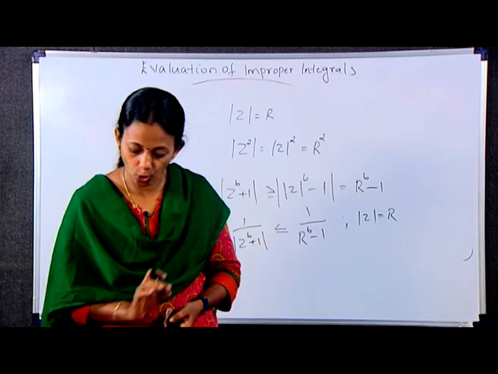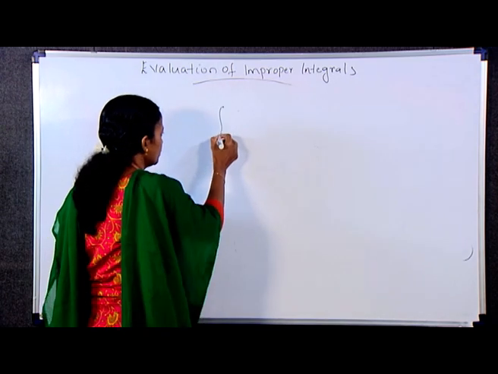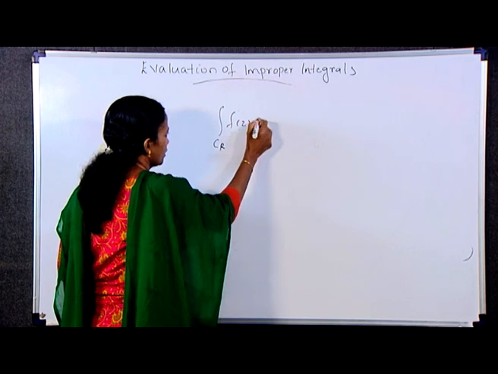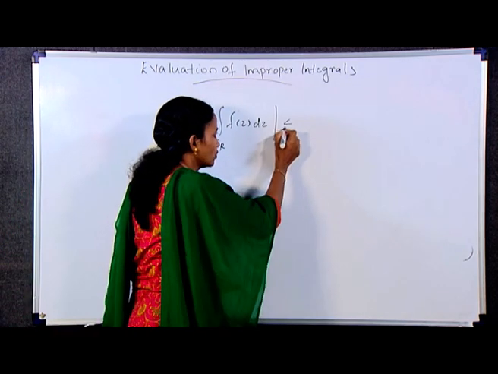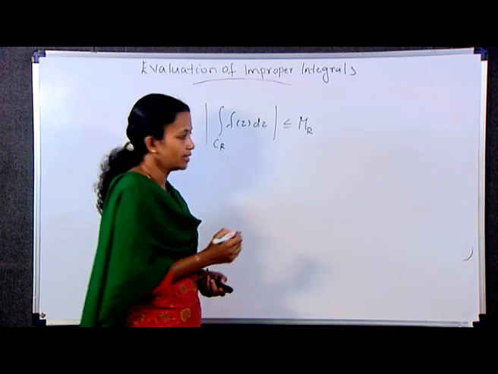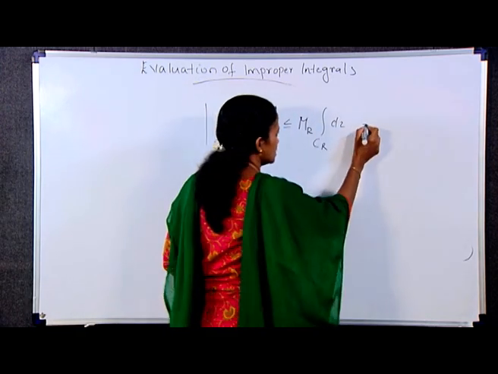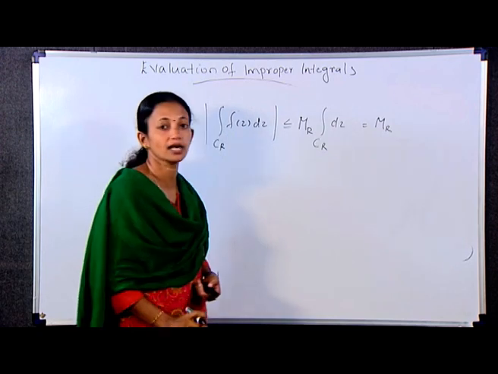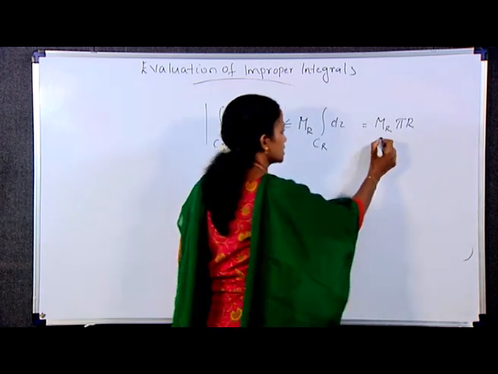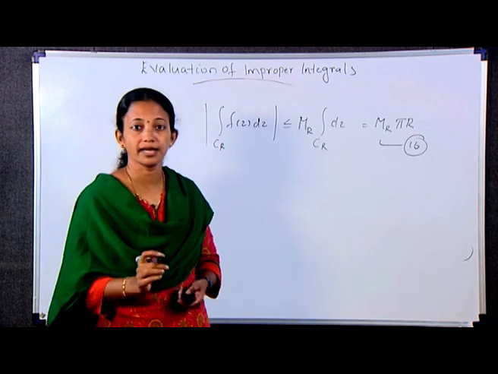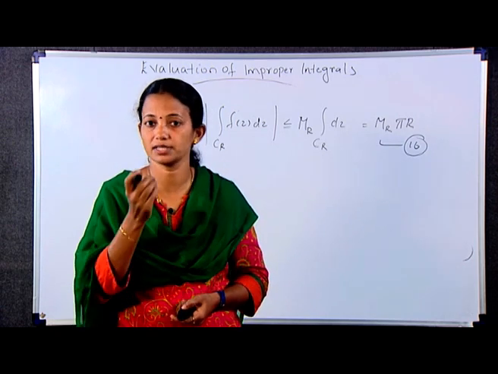And this means that modulus of integral over CR f(z) dz is less than or equal to Mr into integral over CR dz, which is equal to Mr into pi r, equation number 16, pi r being the length of the semicircle CR. This is obtained using the ML inequality that we have discussed earlier.